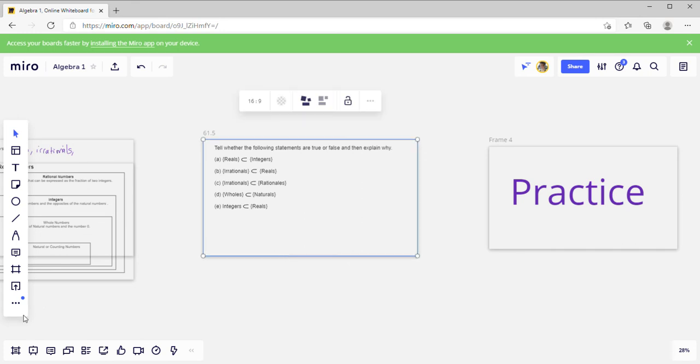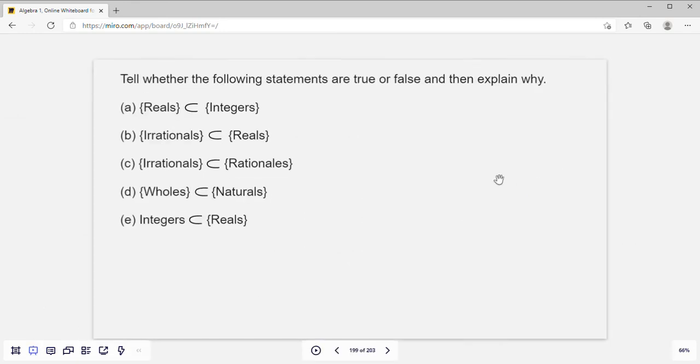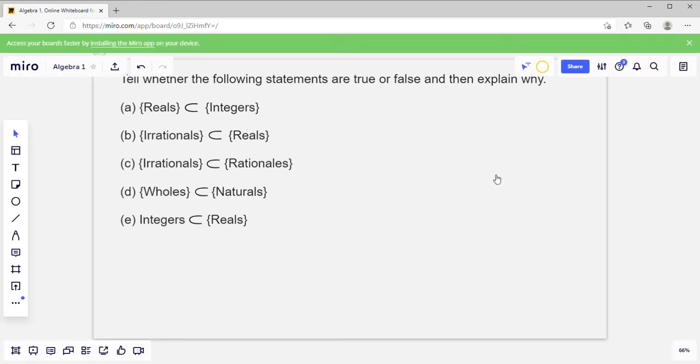Okay, so this next one has a whole bunch of parts to it. Tell whether the following statements are true or false, then explain why. All right, so this says A, real numbers are a subset of the integers. So I'm going to need my chart to do that.